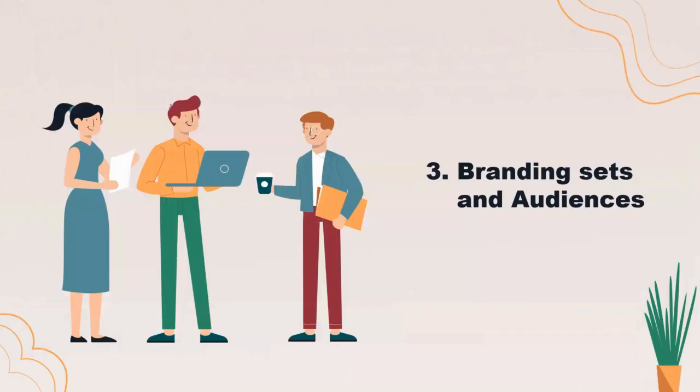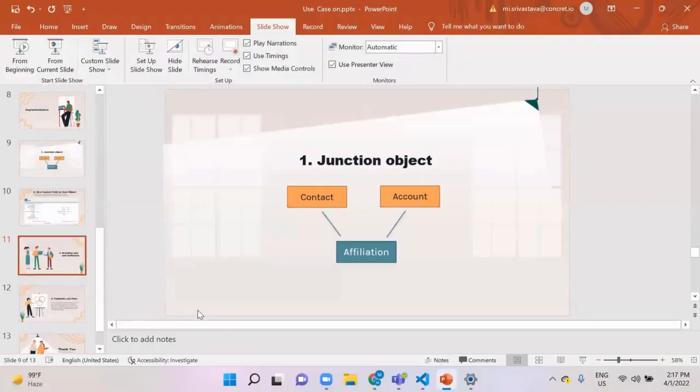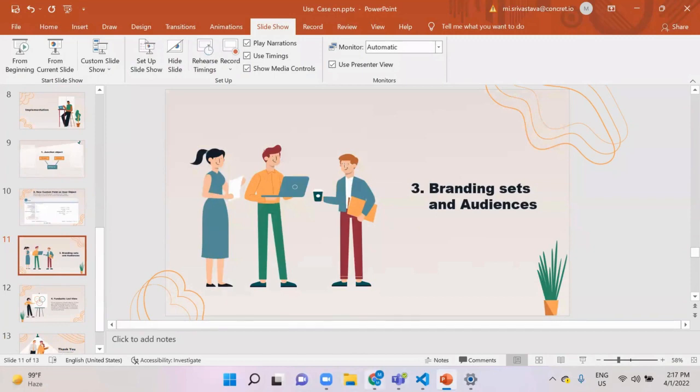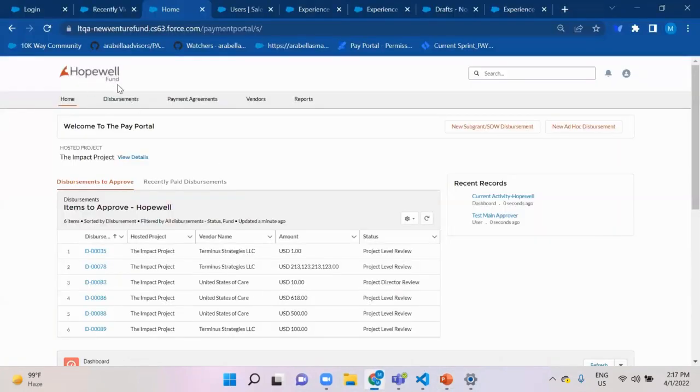Okay, so the next thing that we did was the creation of branding sets and audiences. Firstly, what are branding sets? The brand name that you can see over here, in this case, is Hopewell. For some other fund, it's going to be something else. How are we able to see this?